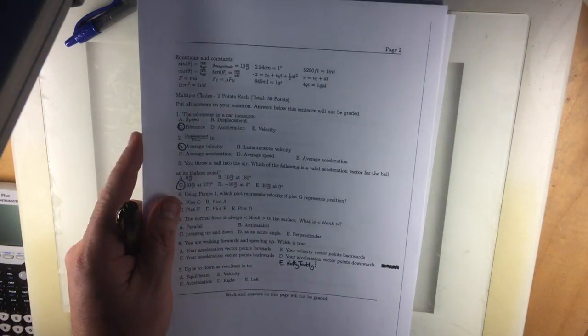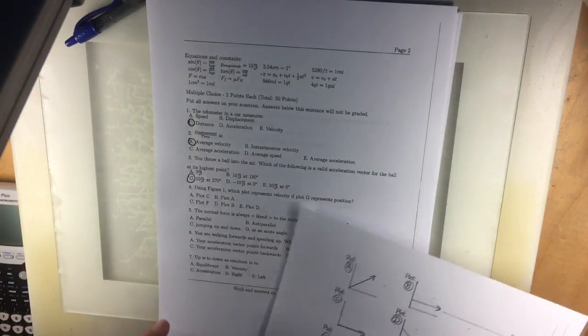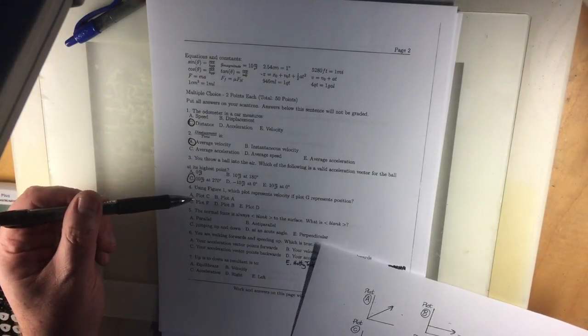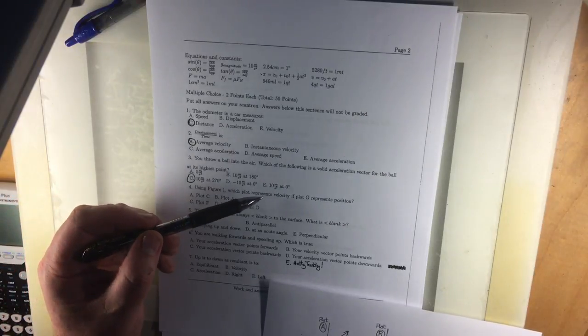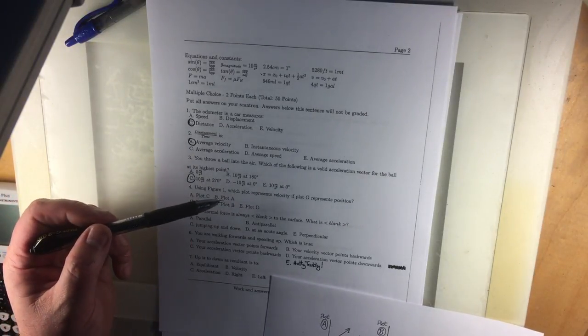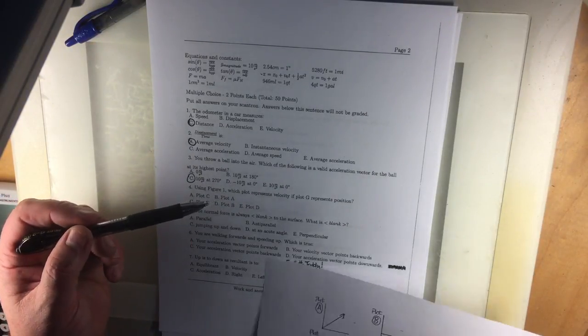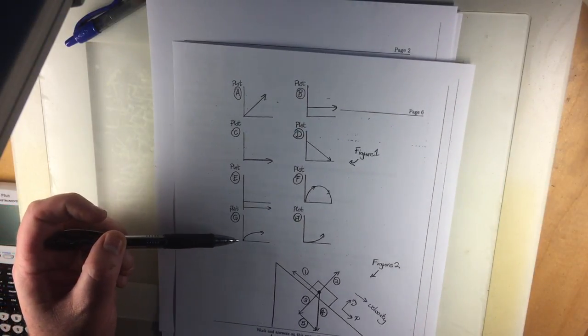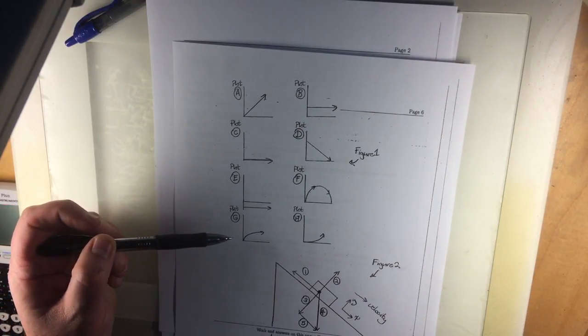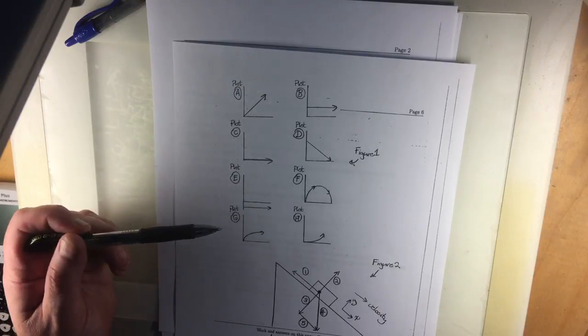So what ends up happening a lot of these times, this has been used multiple times. Figure 1, which plot represents velocity if G represents position? So G is position, which one of these is velocity?